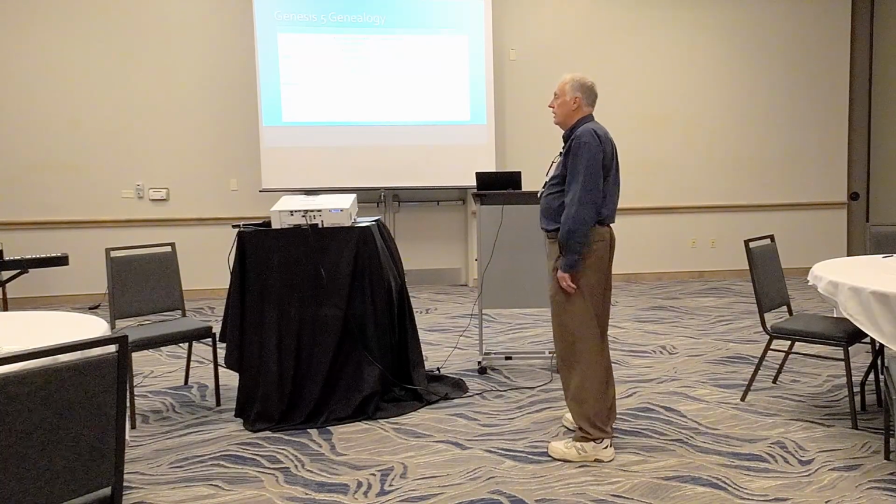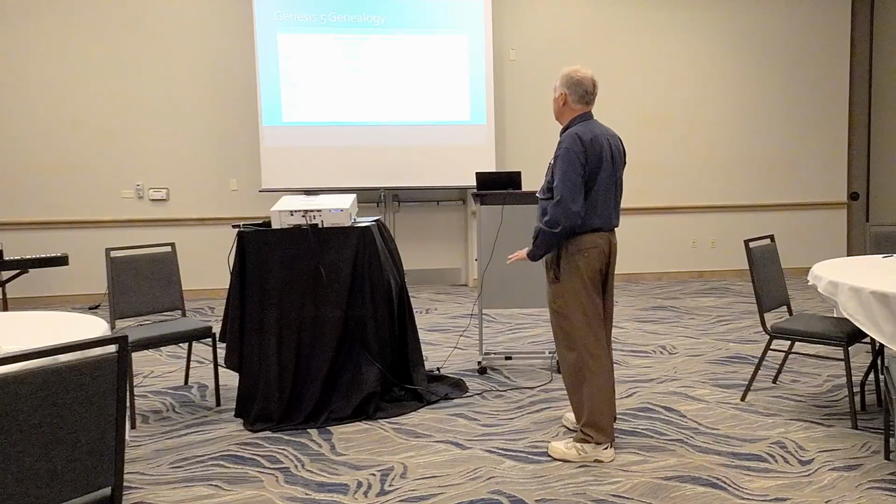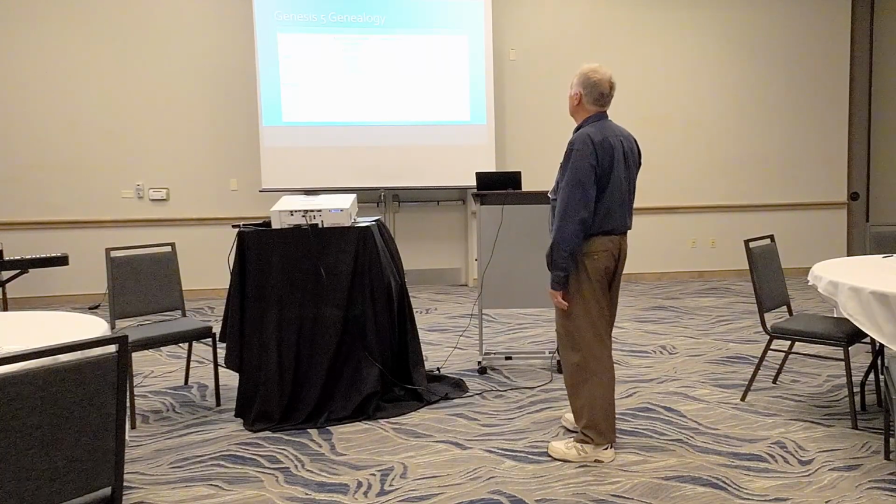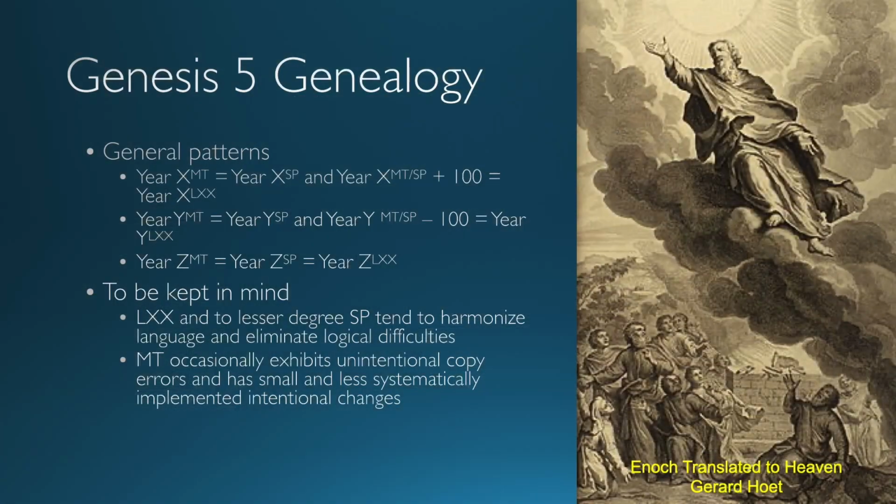It's a very interesting set of numbers, and it's dizzying in your head, but I'm going to try to make some sense of it for you, to show how we can determine what really is going on. So here's the general pattern. Year X, that is the years until they generate a descendant, in the Masoretic text equals the year in the Septuagint, but the Septuagint adds 100 years to it. The Samaritan Pentateuch and Masoretic text agree.